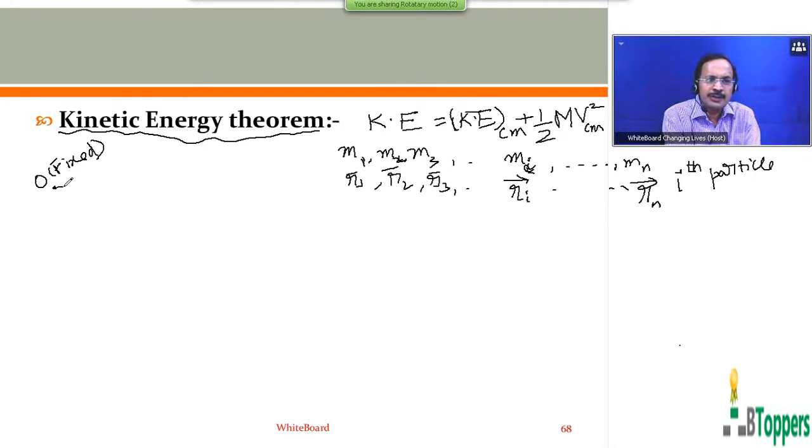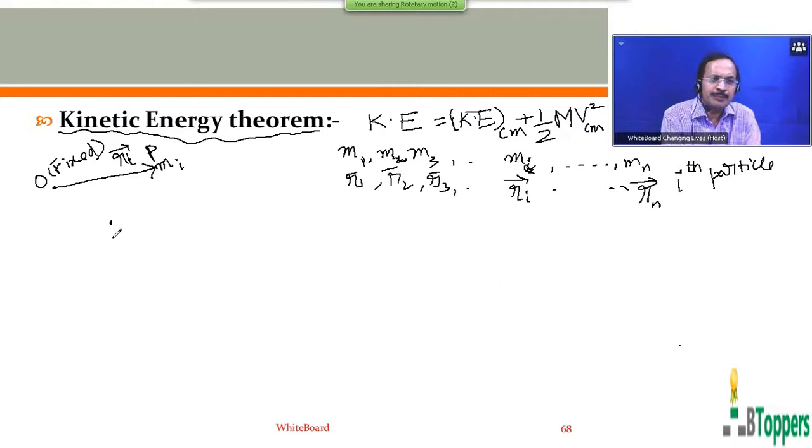So let us consider the ith particle with mass m_i. Let r_i bar denote the position vector of the ith particle, and capital P represents the position of the ith particle.